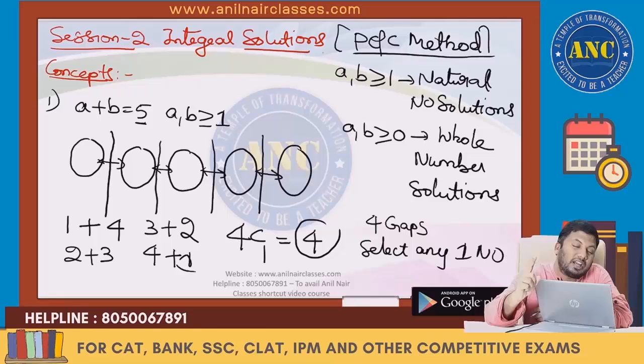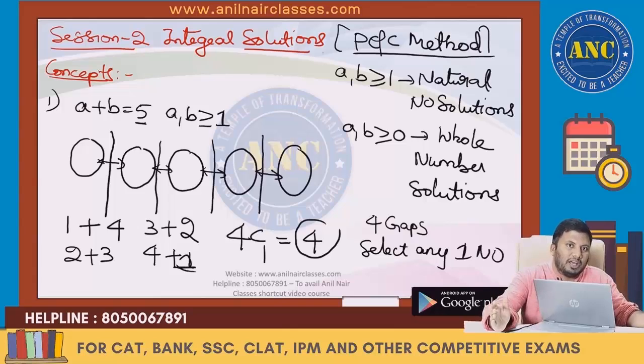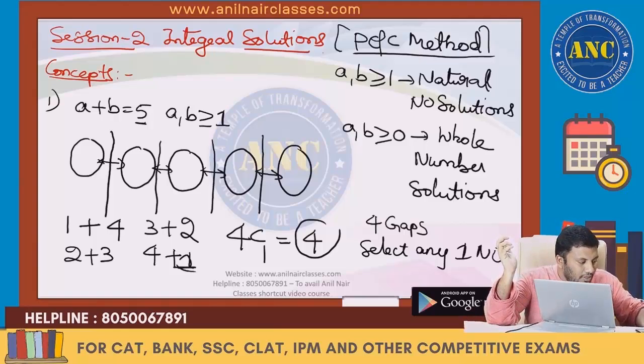Every gap you select gives one integral solution: 1 plus 4 is 5, 2 plus 3 is 5, 3 plus 2 is 5, and 4 plus 1 is 5. Select any one, it is 4C1. Introductory question, I hope it is clear. Next one.